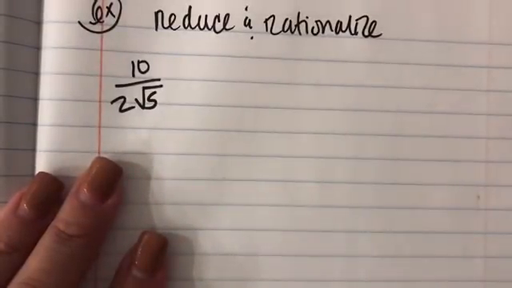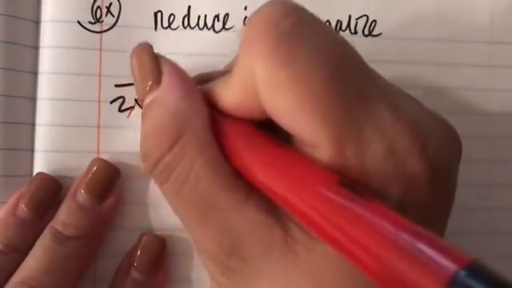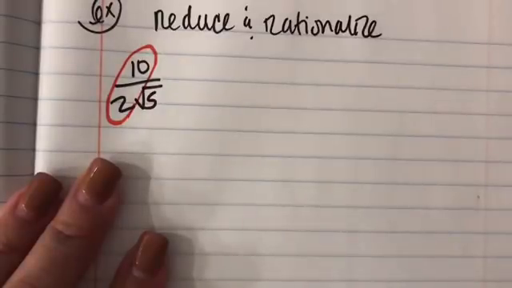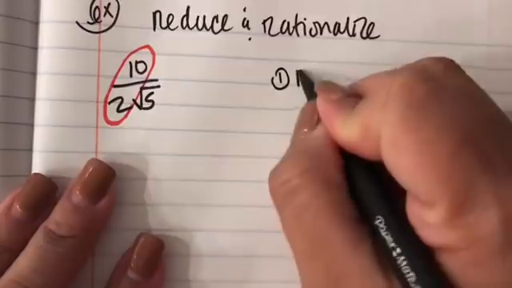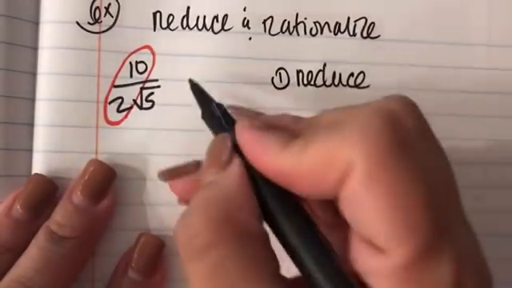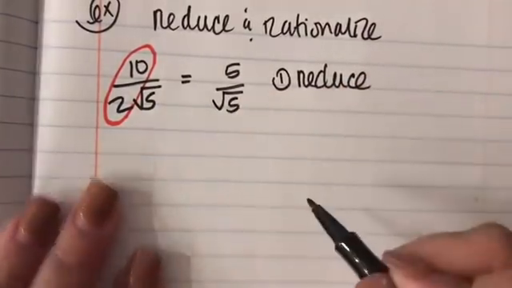What we want to reduce here is the fraction of 10 halves. So the first step we're going to do is reduce. We look at our 10 halves, and that's 5 over radical 5.